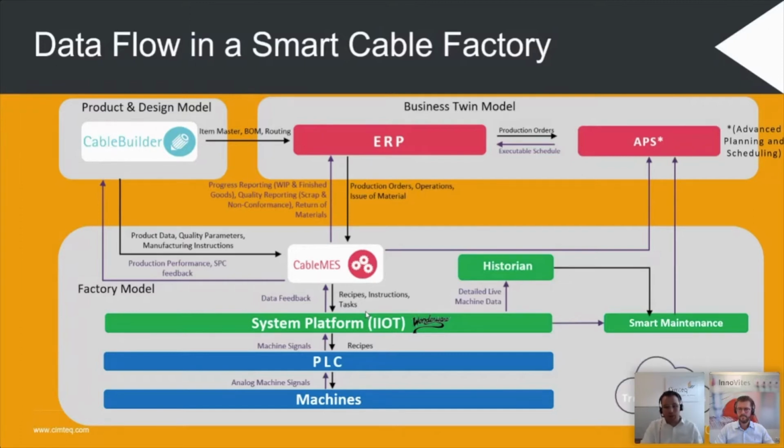And you can even use AI-based trend analytics if you're that far and if you have the amount of data that can support it. So this is a fairly complex slide, but I think it's a good start to understand where the route is going. And I'm going to hand over to Albert now to talk about Cable ERP so that we can get started in the demo very quickly.